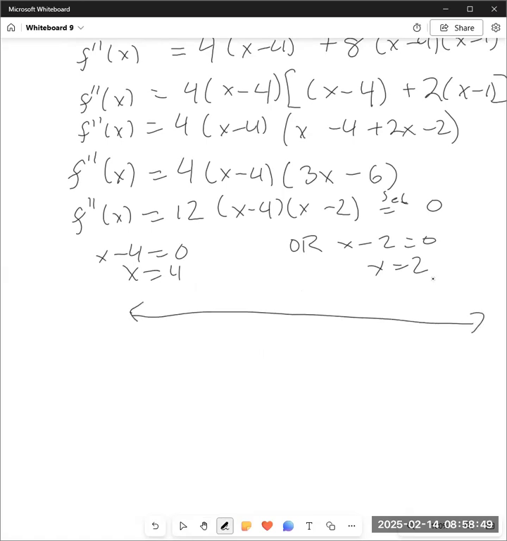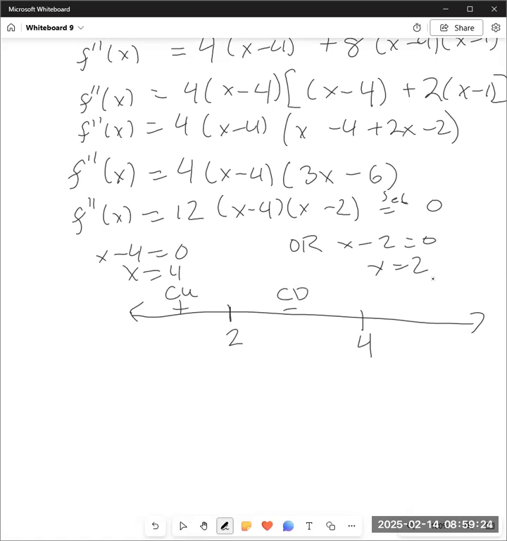Two and 4, like that. And then we want to test something less than 2, like 0. That'll be a positive times a negative, which will be a positive, and this will be concave up. We want to test something between 2 and 4, like 3, a positive times a negative will be a negative.